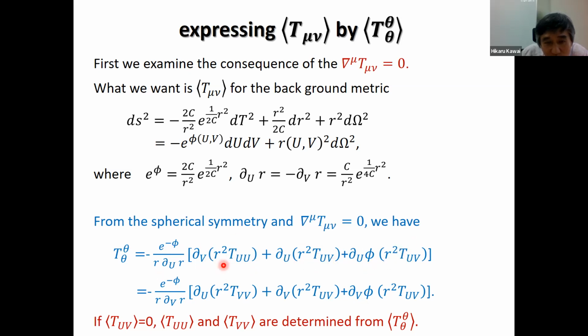So this means T_UU can be evaluated from T theta theta by integrating over V. But since our metric is static, the integration is just over r. For this other equation, we have T_VV and T_UV, so again we can express T_VV in terms of T theta theta. In this way, if we set T_UV equal to 0, we can express all the energy momentum tensor by T theta theta.